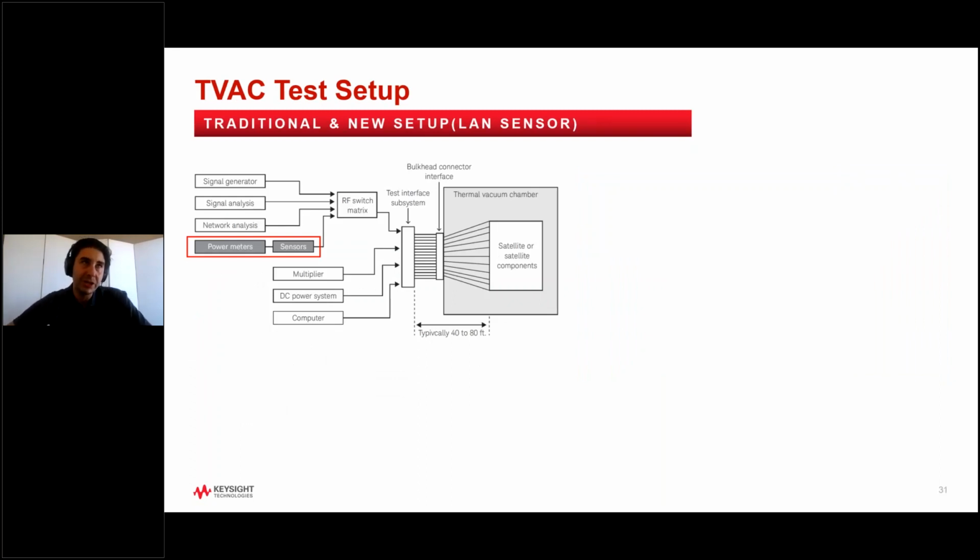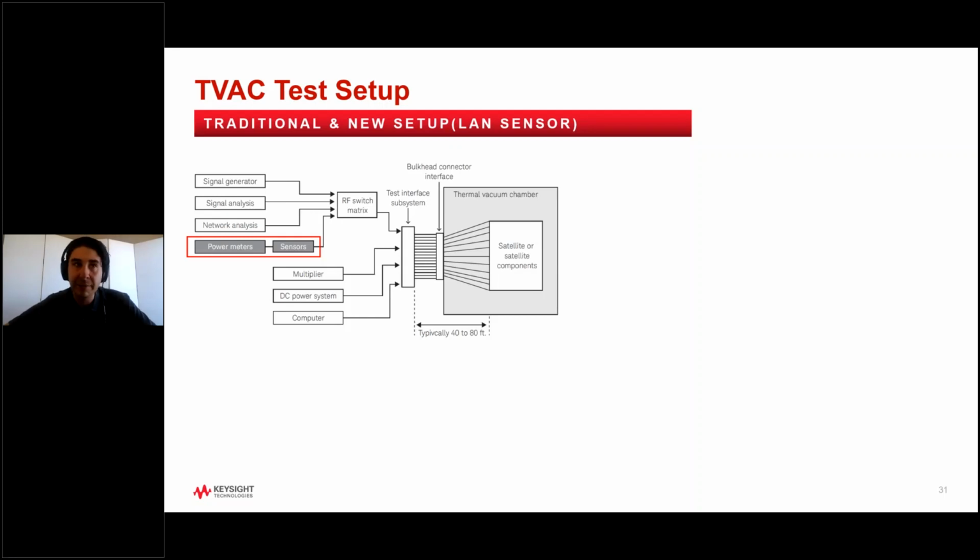So for our first image here, with your device on the inside of your TVAC, you are really porting out measurements from the internal of the chamber, running wires, runs, switching matrices to reach your end pieces of test equipment.